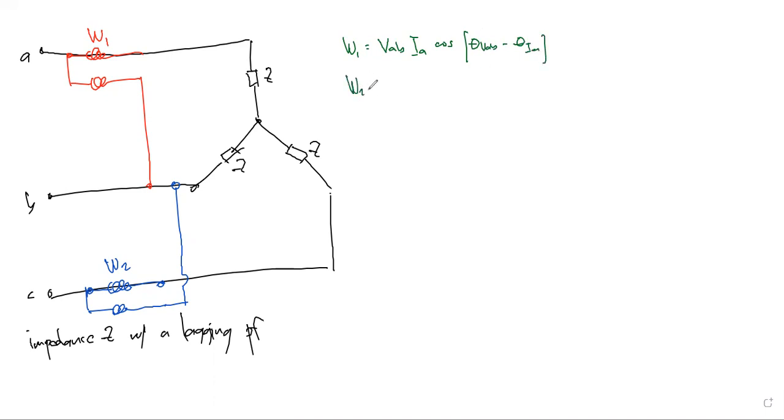And also with wattmeter 2, that's VCB IC cosine of theta VCB minus theta IC.